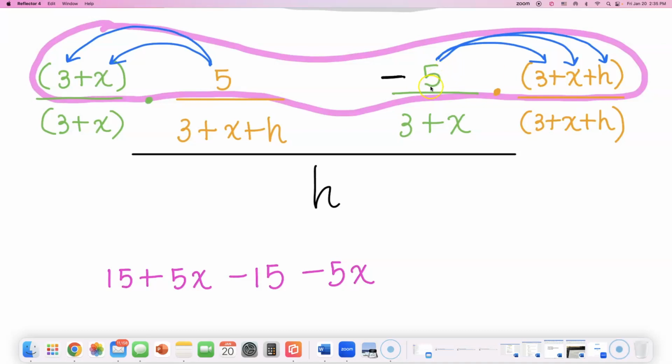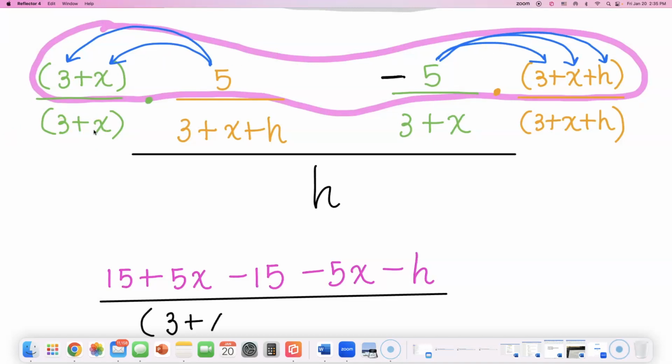And negative 5 times positive h, that's negative 5h. All over, so we're going to put all over this denominator: 3 plus x times 3 plus x plus h.